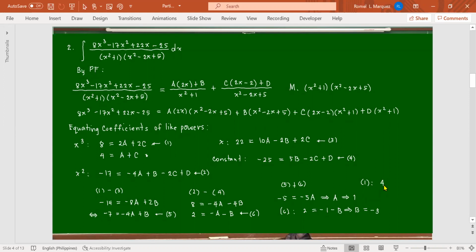We have 4 equals a plus c, so c is equal to 3. And what about d? We can get it from equation 4.